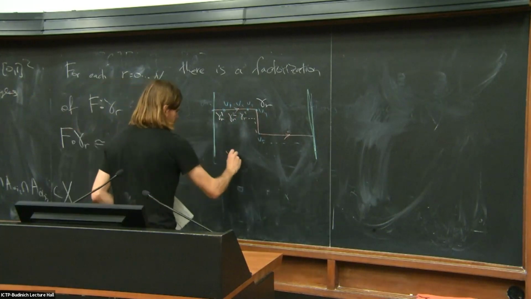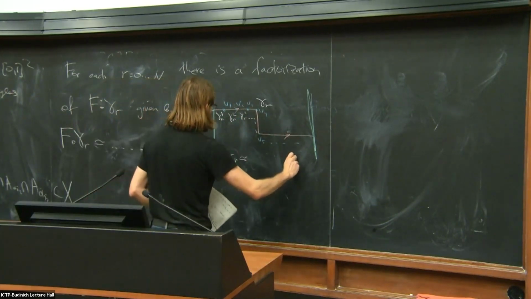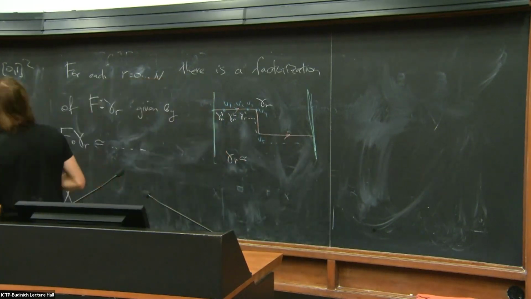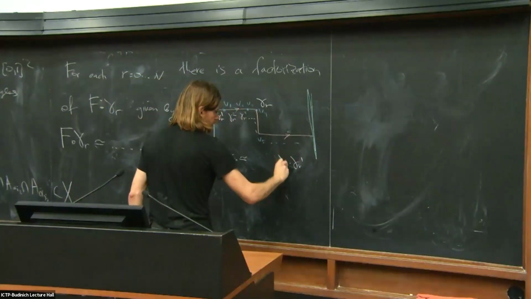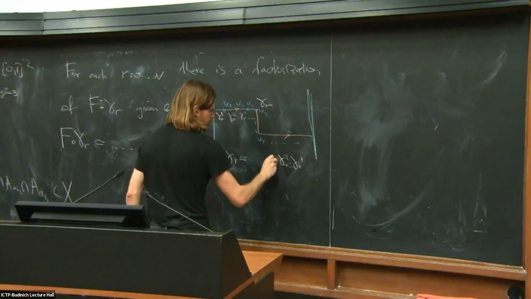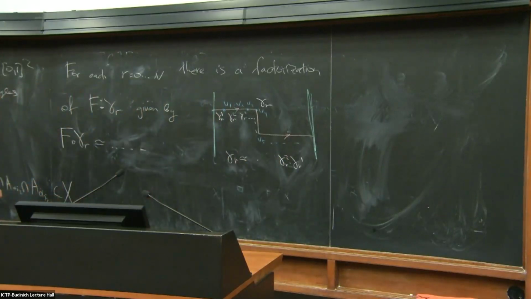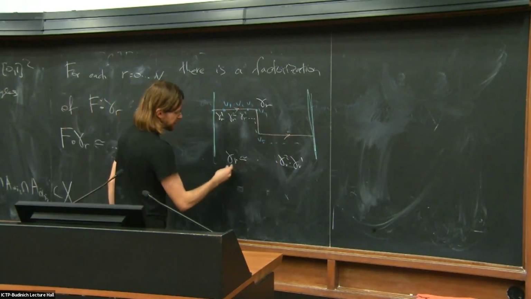By construction, gamma R is a composition of gamma 1, gamma 2, and so on.